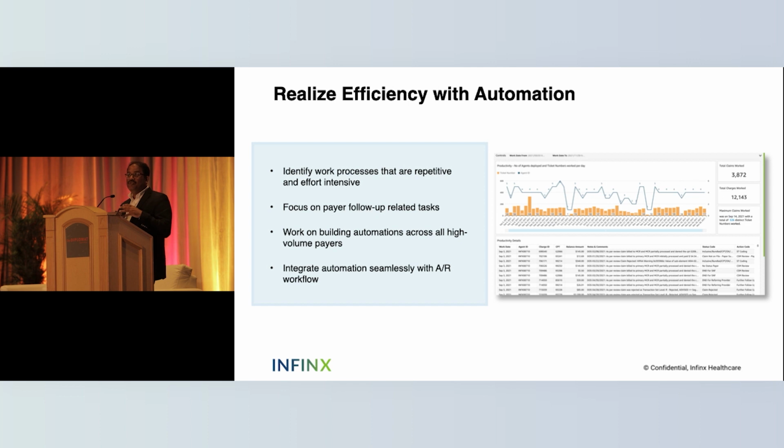So they get a view of the data that's in the billing system within the system, so they can go off, do their payer follow-ups, their appeals, and then get the outcome back into the billing system. And if you can do that, then essentially at that point in time, you have the ability to coexist with the billing system without having to do double data entry or folks having to do work in two different systems. That will also help you realize efficiency.